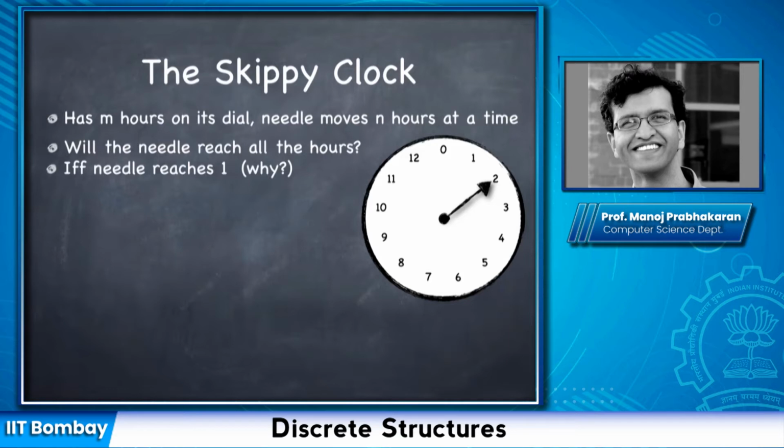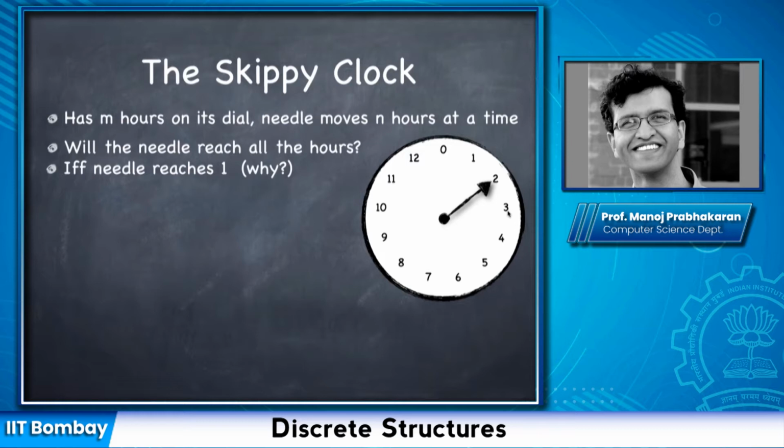First I claim that all I need to check is if the needle reaches 1. The needle will reach all the hours if and only if it reaches 1. Why is that the case? Firstly, if it reaches all the hours, then it must reach 1. Conversely, if it can reach 1, so from 0 it went around and at some point it reached 1, then I can repeat those steps to go from 1 to 2, and then repeat that set of moves to go from 2 to 3, and so forth.